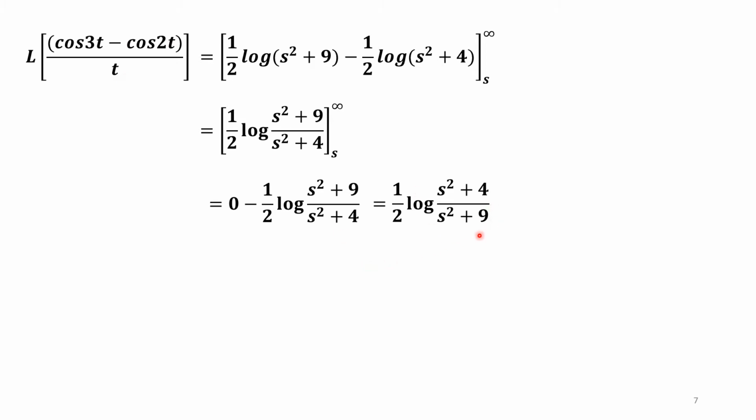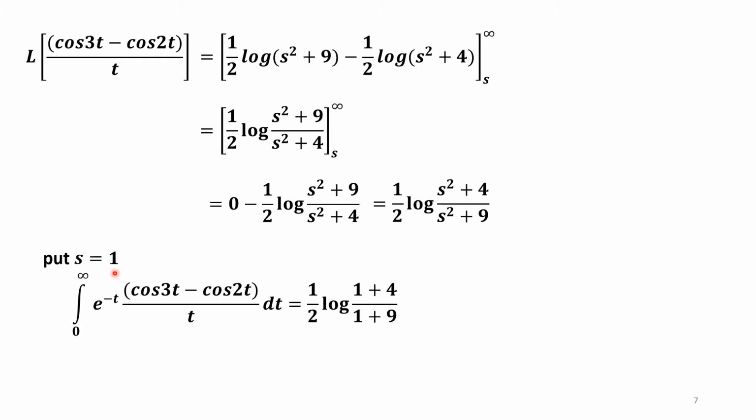But we were asked to evaluate an integral with some value of s. So that value of s was 1. So putting s is equal to 1, this whole integral value will be half log of (1 plus 4) upon (1 plus 9), which is half log 5 by 10, or I can write half log 1 by 2.